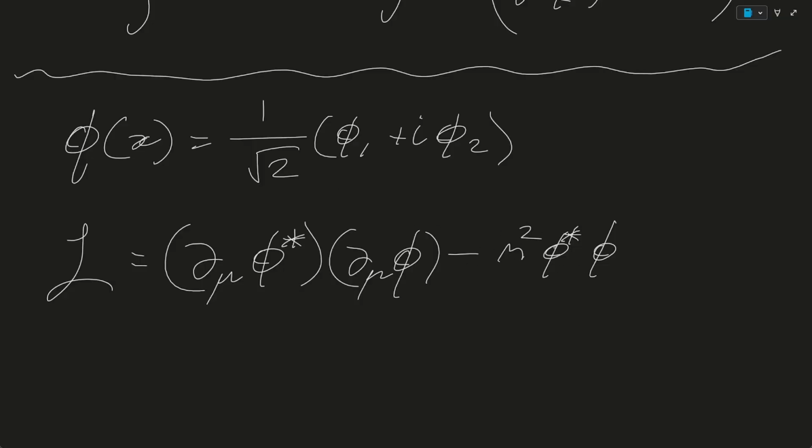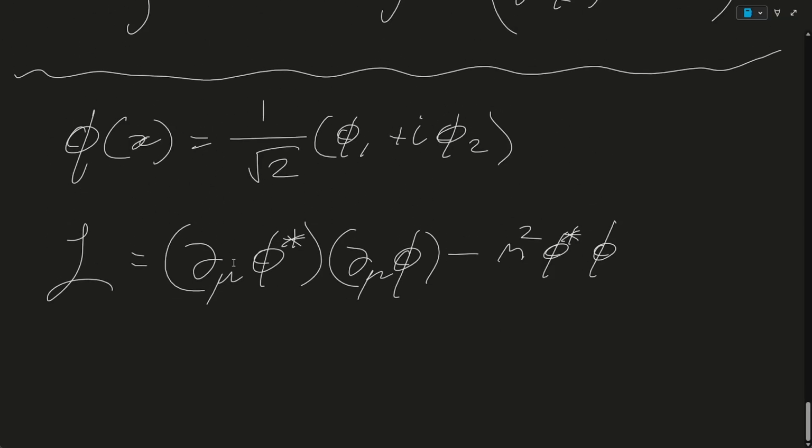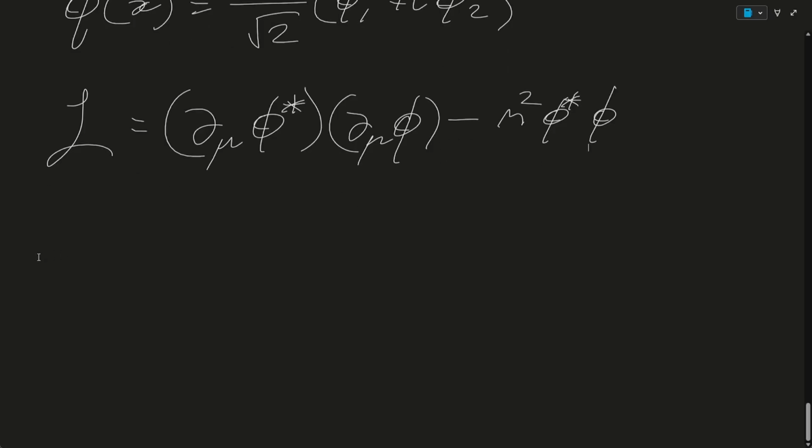This star being our conjugate here. This, of course, is the Lagrangian of that. If you were to consider the energies, the maximums and the minimums, this is what we get.